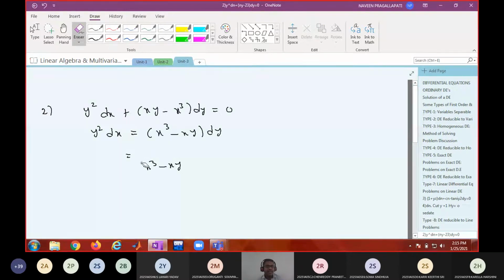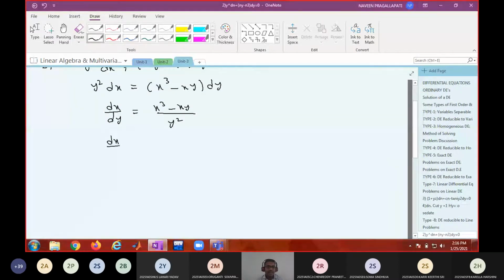So what about dx by dy? Do we get any useful form? If I write dx by dy, what do I get? x cube minus xy by y square. So which is x cube by y square minus x by y. So how can I rewrite this?